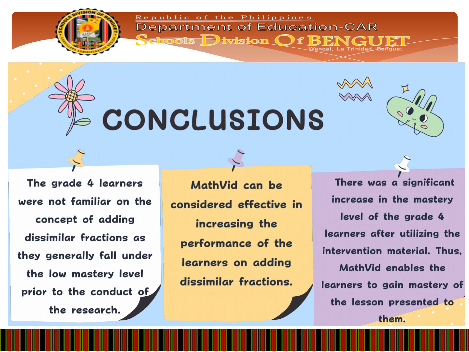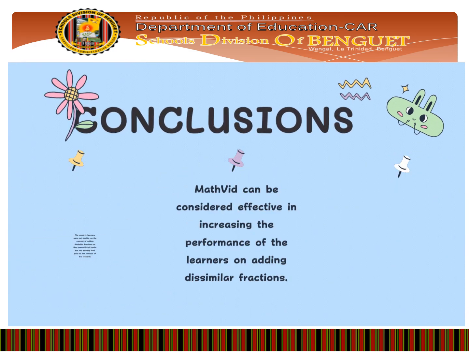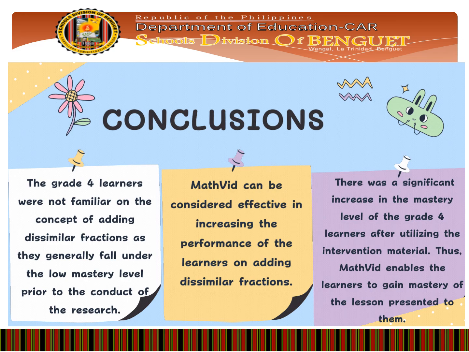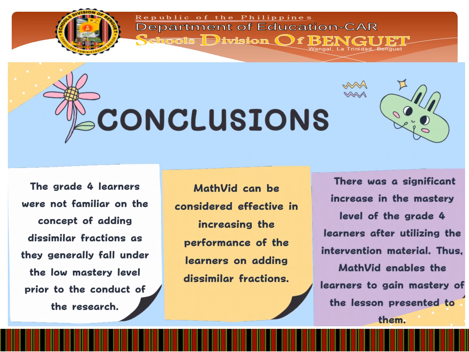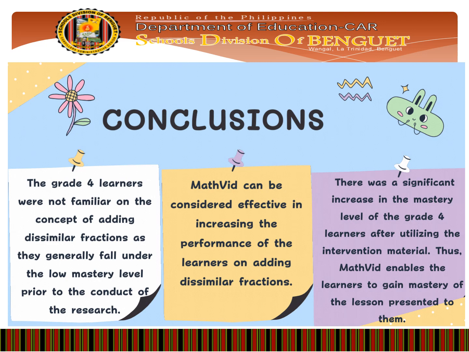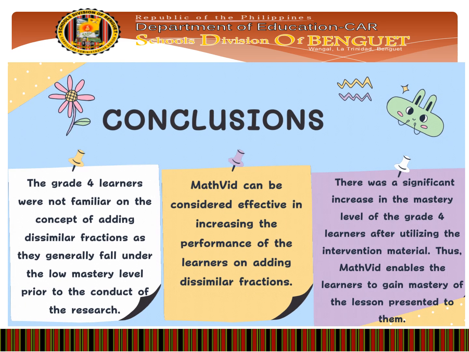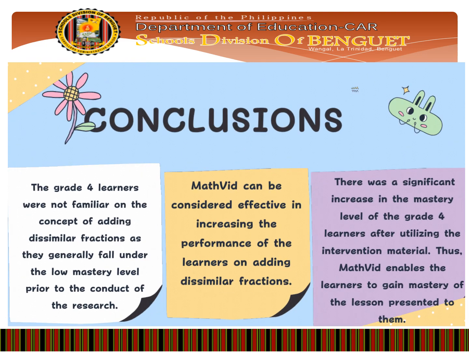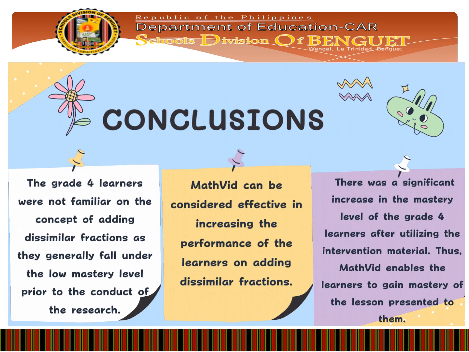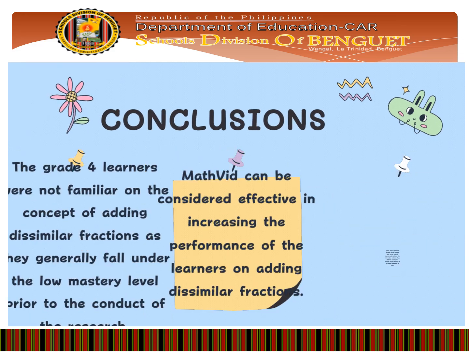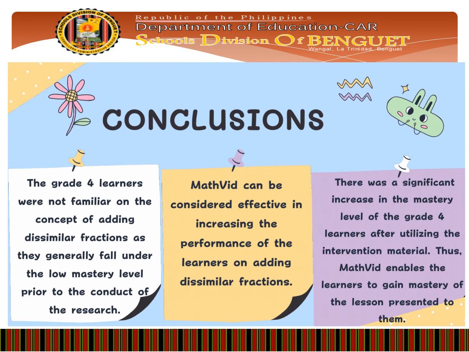MathVid can be considered effective in increasing the performance of the learners on adding dissimilar fractions, and there was a significant increase in the mastery level of the grade 4 learners after utilizing the intervention material. Thus, MathVid enables the learners to gain mastery of the lesson presented to them.